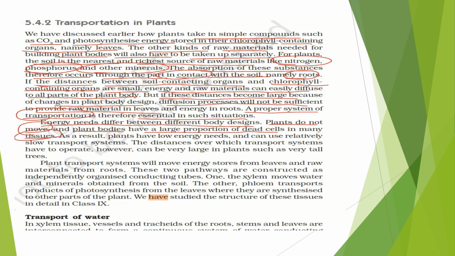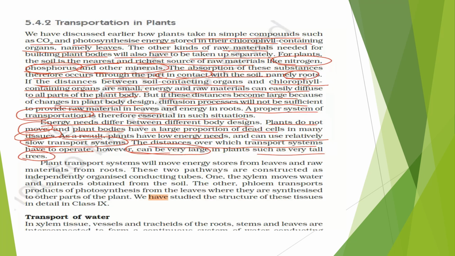As a result, plants have low energy needs and can use a relatively slow transport system. However, the distances over which the transport systems have to operate can be very large in plants, such as very tall trees.